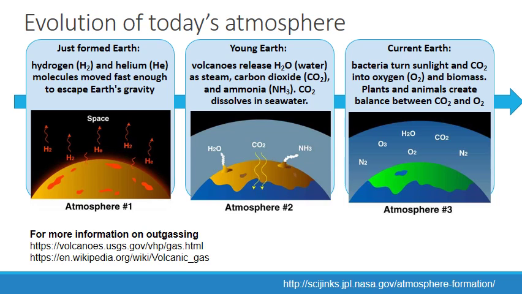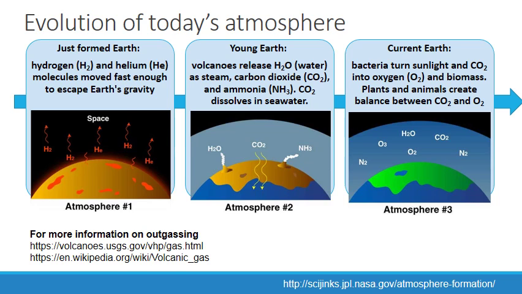Outgassing from the volcanoes added three main components to the atmosphere: water in the form of steam, water vapor, carbon dioxide, the CO2 in this picture, and ammonia.